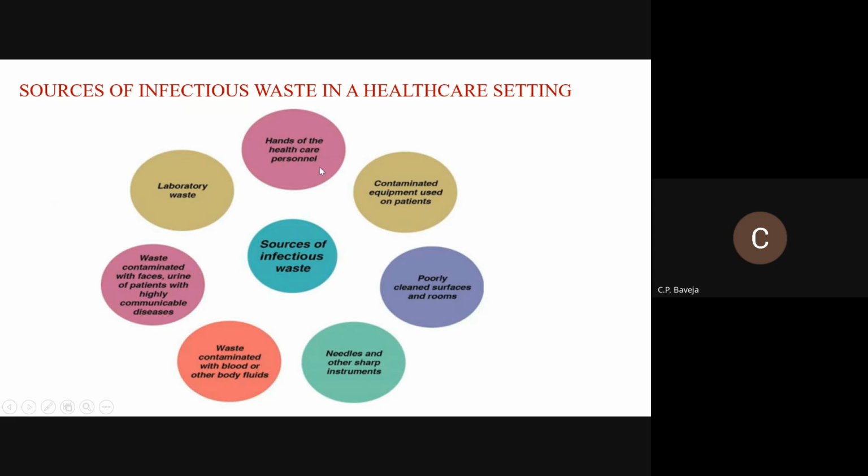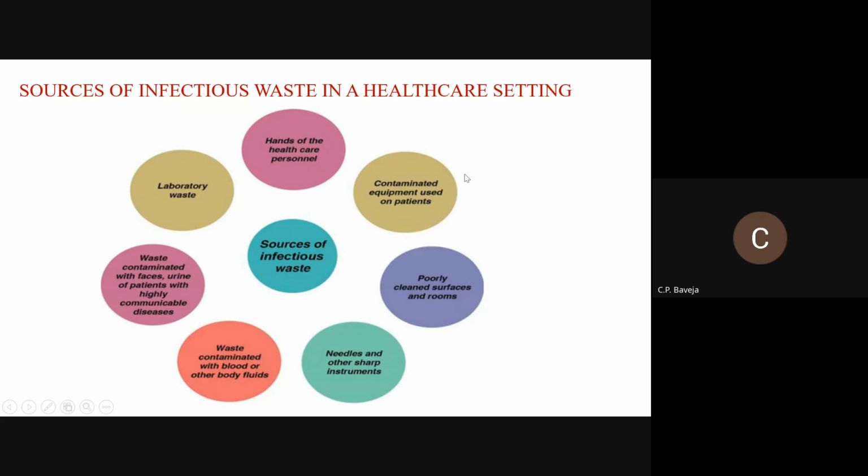Persons who are working in the hospital, like nurses, doctors, other attendants, laboratory attendants, laboratory technicians: hands are very important for transmission of infection from one person to another. So hand hygiene is very important. If hand hygiene is done properly, then the infection percentage becomes lower. Washing of hands is very important.